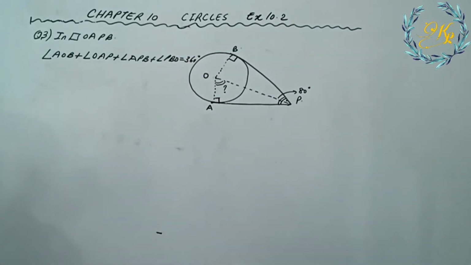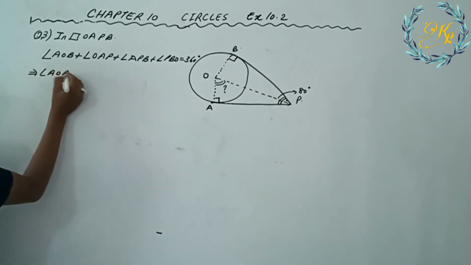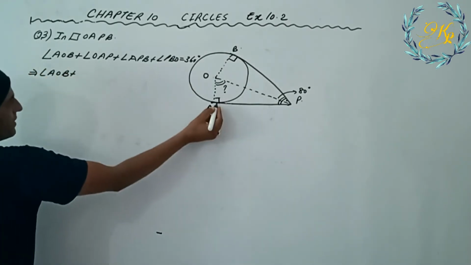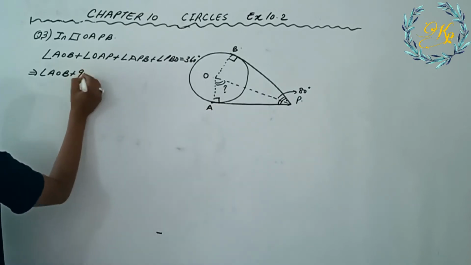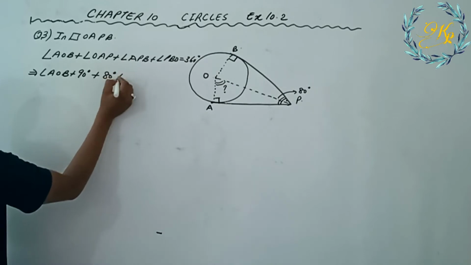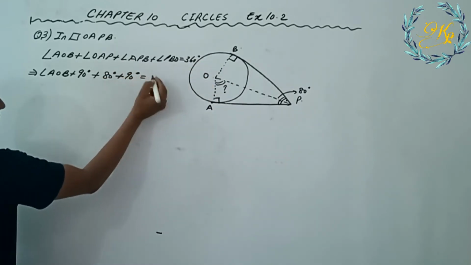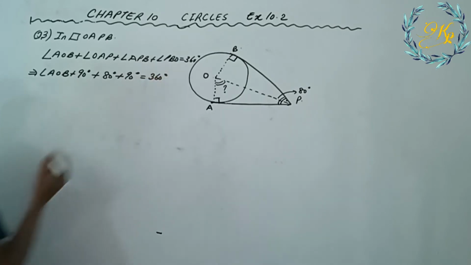Now let's write the measures. As you can see, AOB is not given to us, so we'll write it as it is. Angle AOB, angle OAP measure is 90 by Theorem 10.1. Angle APB's measure is 80, given in the question. Angle PBO measure is 90 by Theorem 10.1.